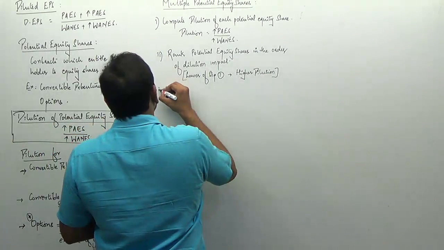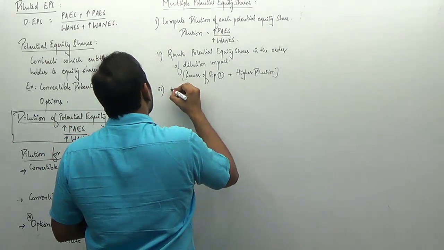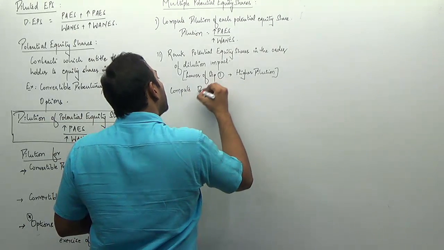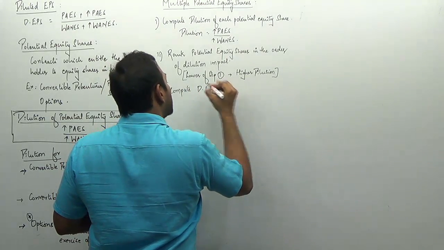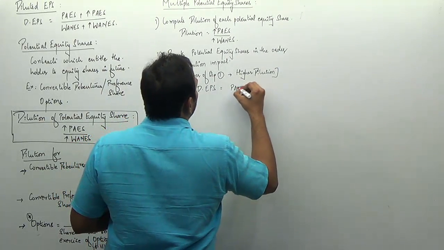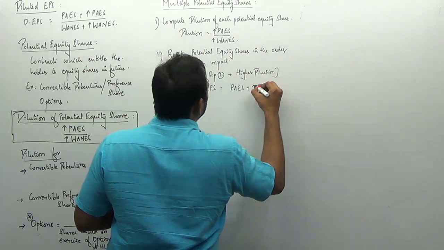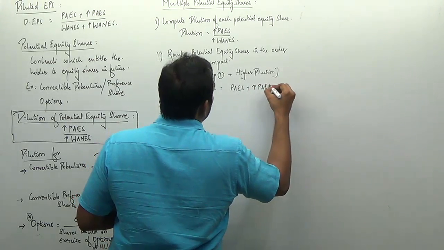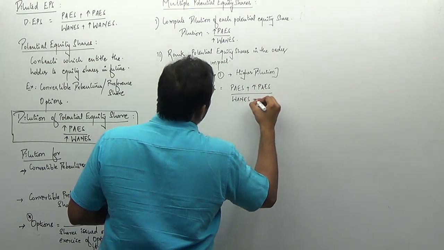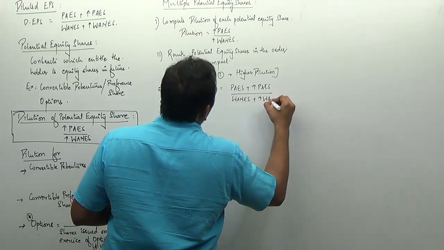Now, third one, compute diluted EPS, DEPS, using your formula, PAES plus increase in PAES by WANES plus increase in WANES. A formula I have already given you.